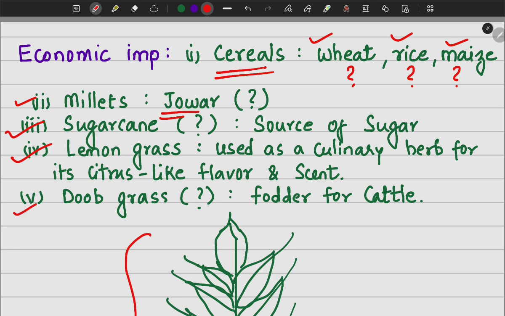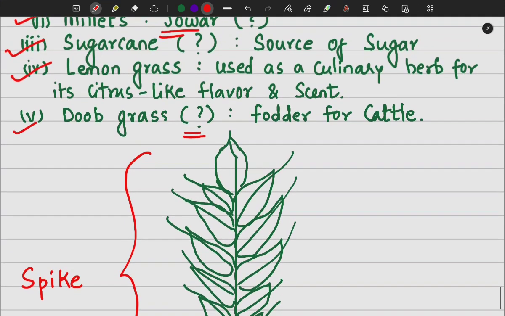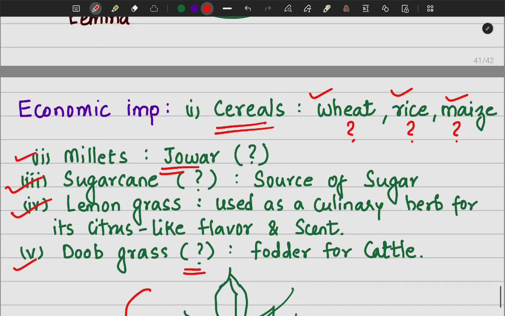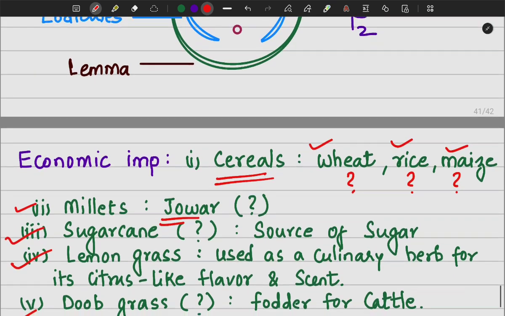Now there's another grass which is the dhoop grass. Write down the scientific name for it. Dhoop grass is mainly used as fodder for cattle. So this completes the economic importance, and along with that we complete the grass family or the Poaceae or Gramineae family, right?